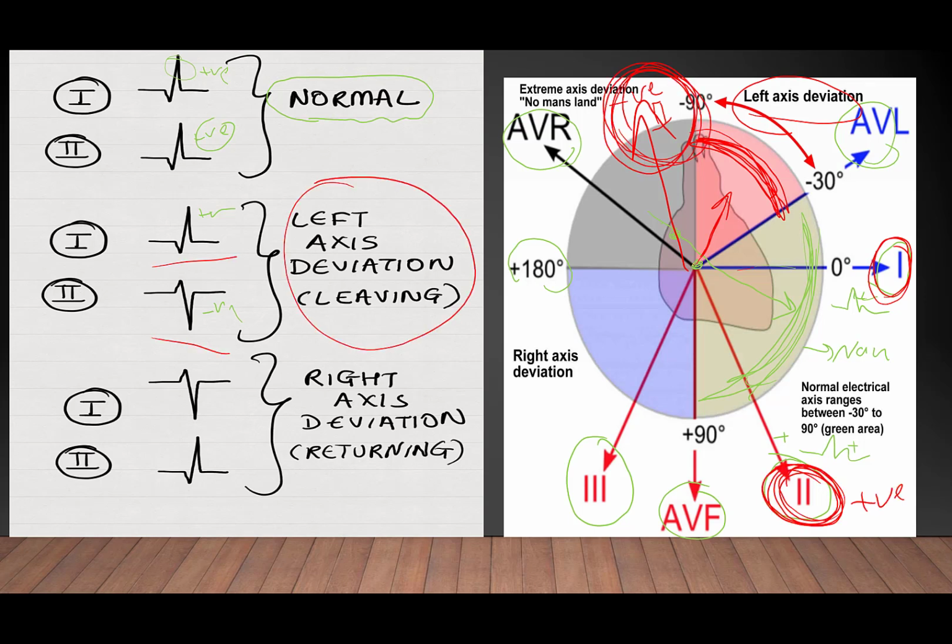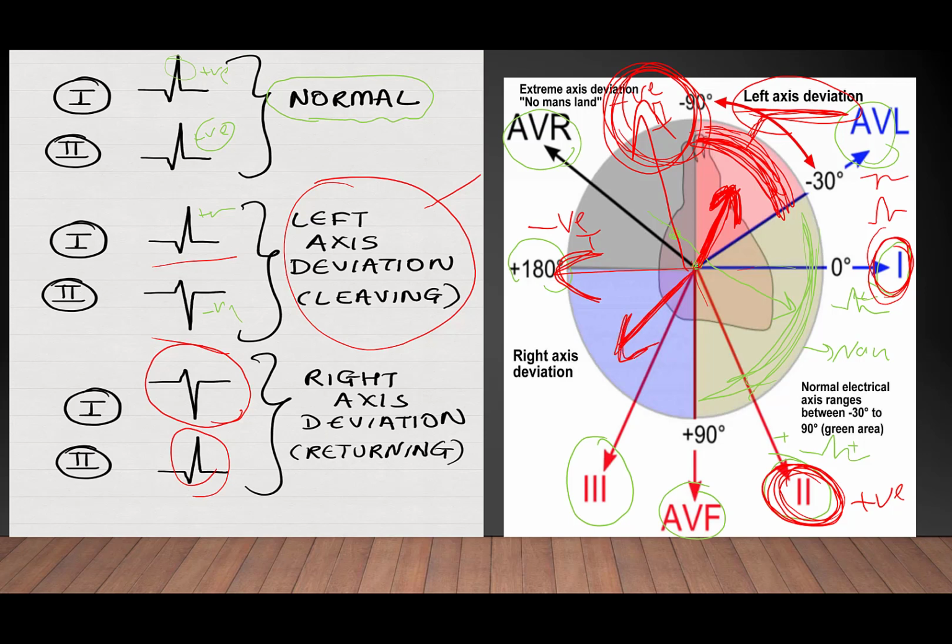So the electrical impulse is toward this area. We have right axis deviation when lead 1 is negative, which means this direction, negative lead 1, and lead 2 is positive, which means this direction, so the direction of the electrical impulse is this way, and it is considered a right axis deviation.